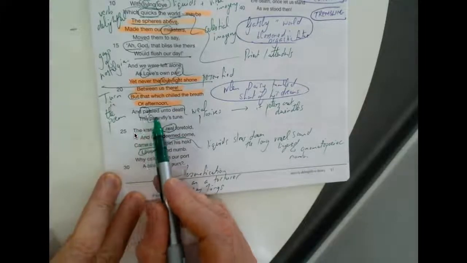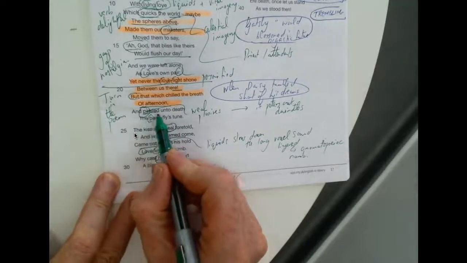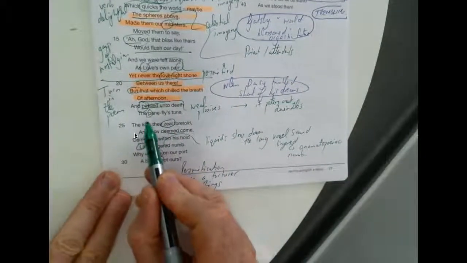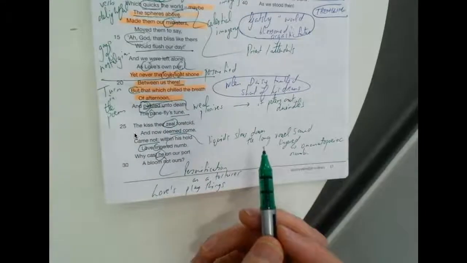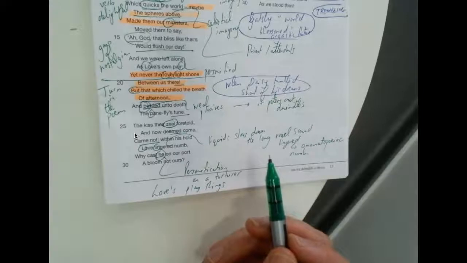"And palsied until death." This is a beautiful word, because palsy used to mean illness or the shakes, like Parkinson's disease. So you see, as this personification becomes darker, the afternoon moves from being chilled to kind of diseased. "The pane flies tune," almost like the fly that's flying around the window changes tune.